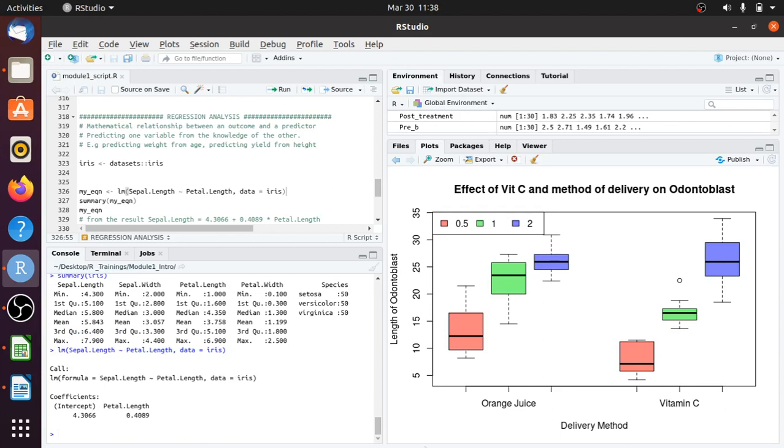You can see it's giving us the intercept. Remember, a straight line graph has your intercept on the y-axis, and then we talk about the slope. So this is our slope for this relationship.